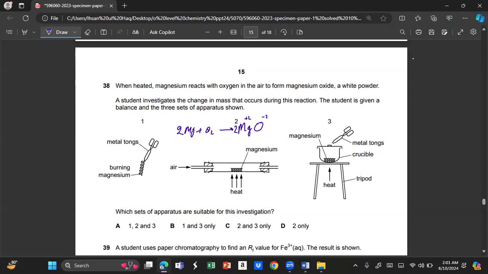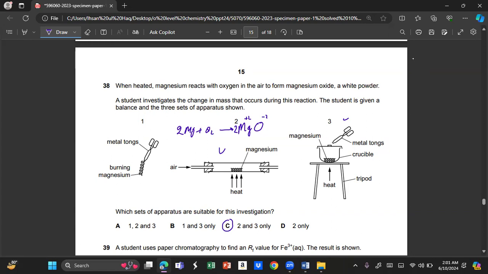Okay. Now, which sets of apparatus are suitable for this investigation? This is safe. This is also safe. So option 2 and 3, one minute. Option 2 and 3, they look correct, because in option 2 the magnesium oxide cannot escape.